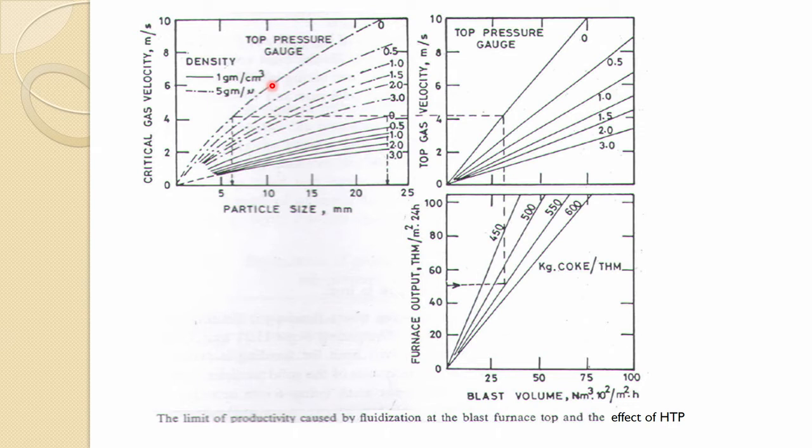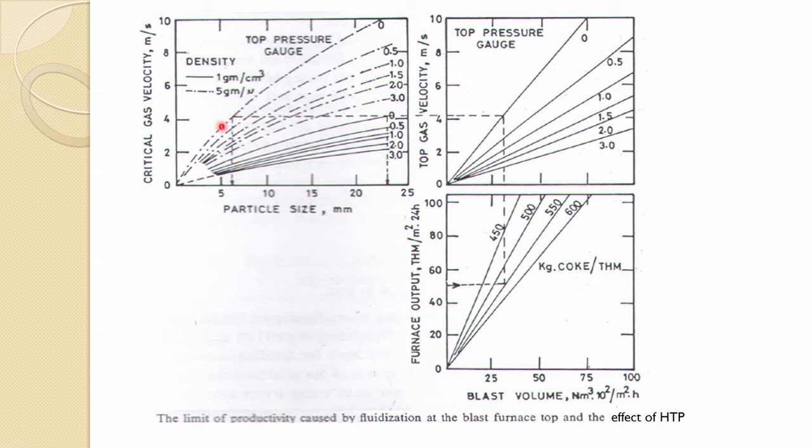So, based on your top gas pressure, which one you are choosing, accordingly you can take the graph of that one, and accordingly you can plot the line, and similarly for the gas density and charge density, you can select the graph at a particular top pressure, and based on that you can select what sort of size it should have.